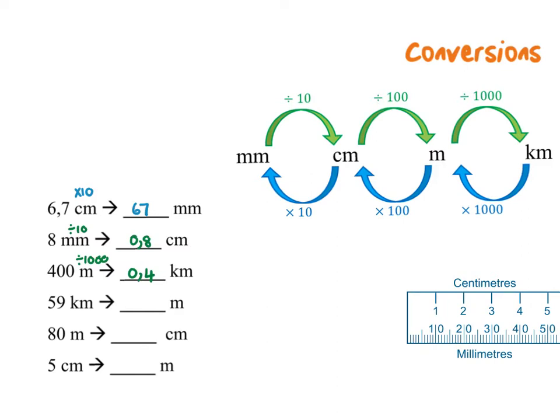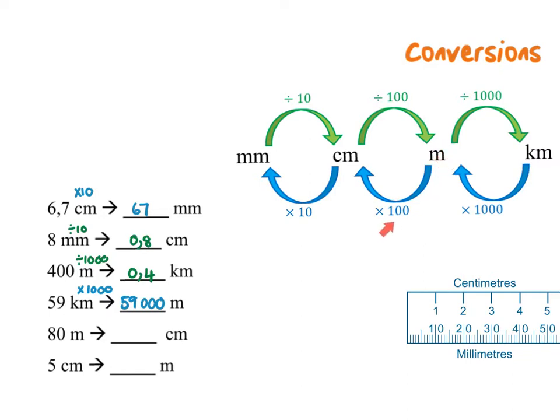On the other hand, if I go from kilometers to meters, 59 kilometers is a lot of meters, which means I need to multiply by 1,000, meaning that this is 59,000 meters.